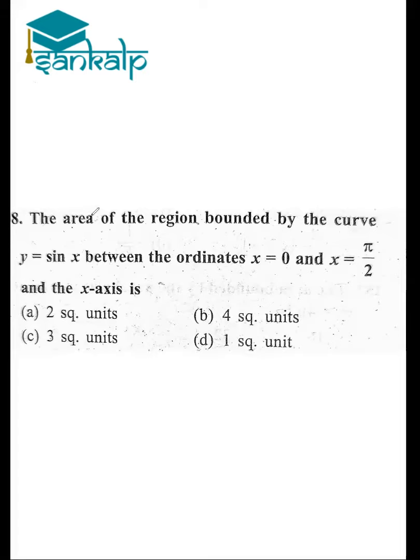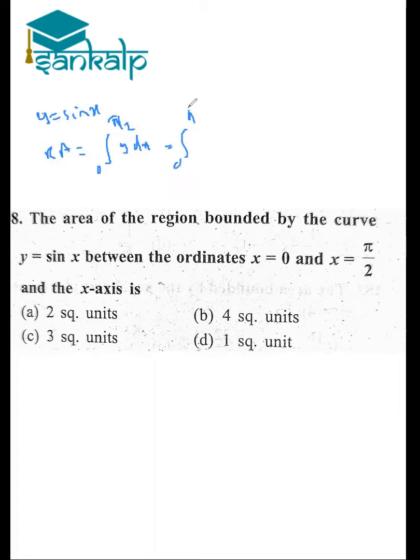Next question. The area of the region bounded by the curve y equal to sine x between the ordinates x is equal to 0 and x is equal to pi by 2 and the x-axis is. So here the given curve is y equal to sine x. So the required area under this curve under the limits 0 to pi by 2 y dx.